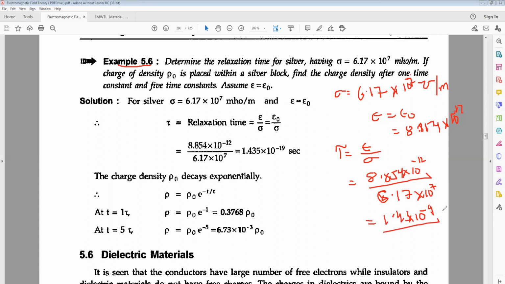The tau is nothing but the relaxation time in seconds. The tau we got is 1.435 × 10^-19 seconds.